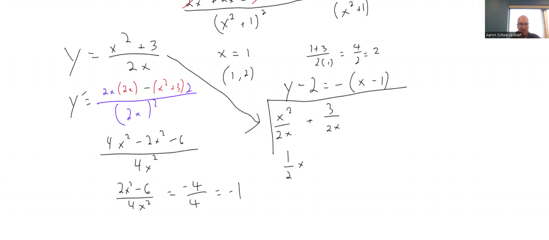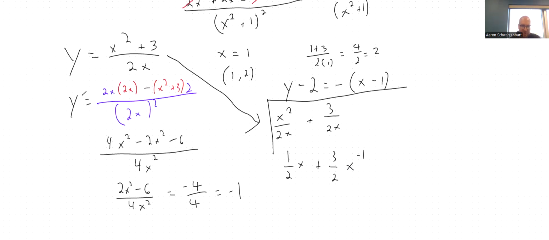This one, I changed the x from the denominator to x to the -1. If I just have a constant on top, I can do that. Now I take the derivative.